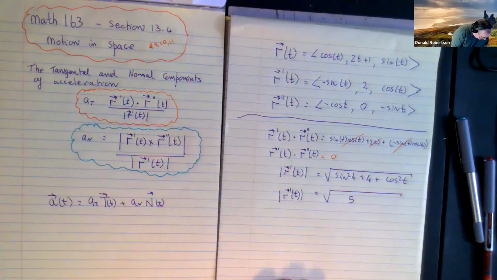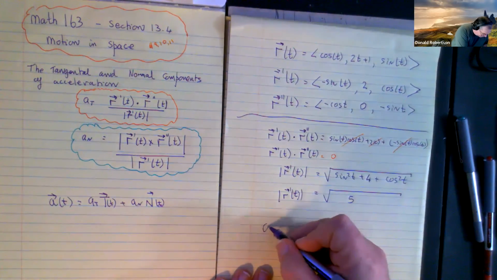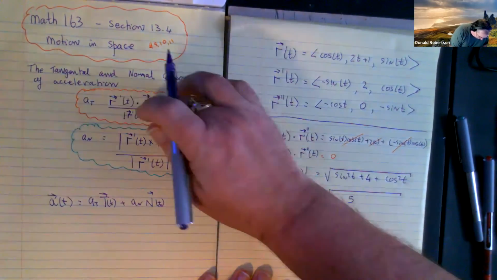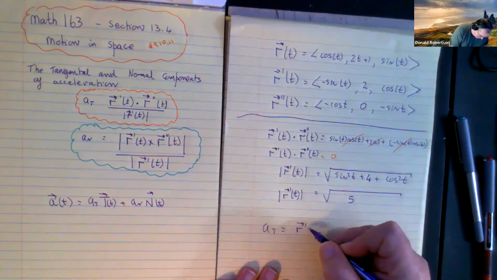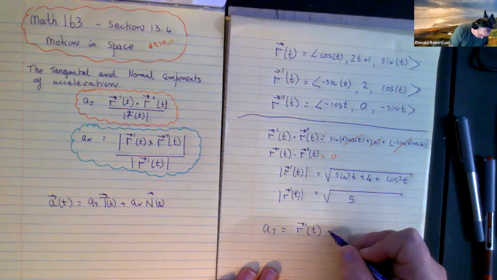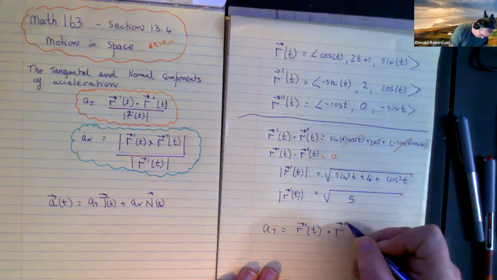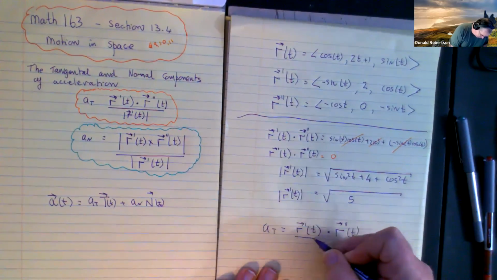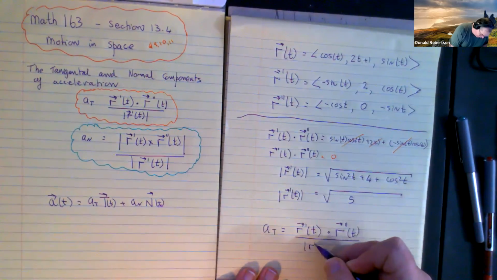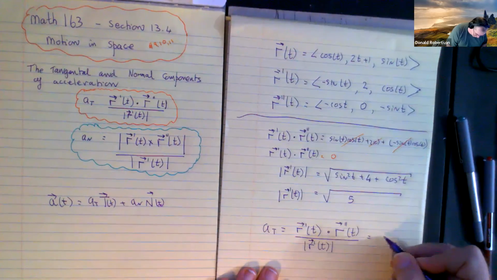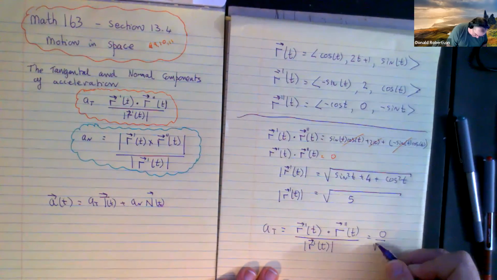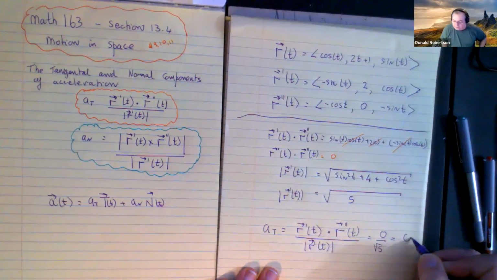Now you put that package together, and the tangential component of acceleration is the dot product of the first and second derivative divided by the magnitude of the first derivative. In this case, 0 over the square root of 5, which means the answer is 0.